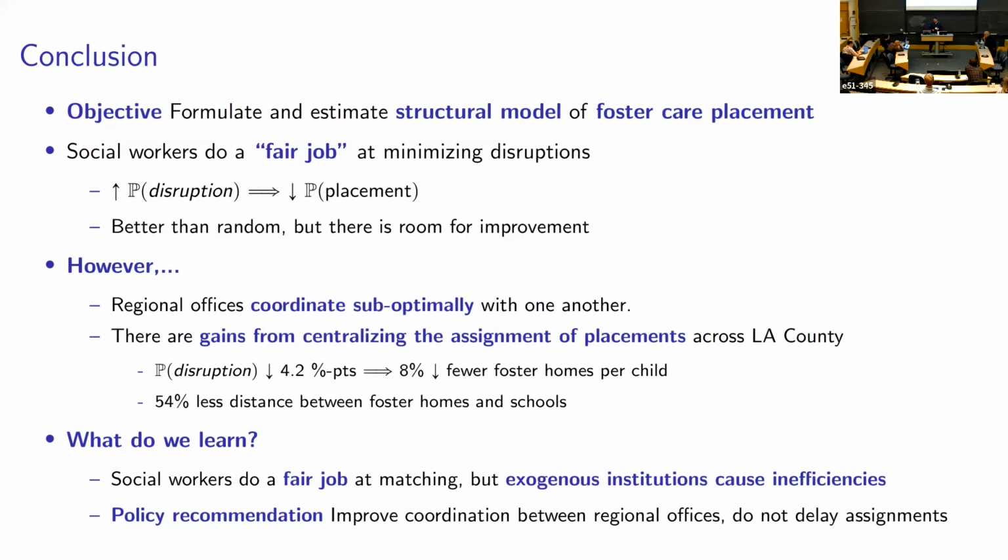There is room for improvement. However, in some sense, it speaks to the objectives of the social workers. However, thinking about the institutional design of the county, here is where there seems to be room for improvement in terms of how the regional offices coordinate assignments.